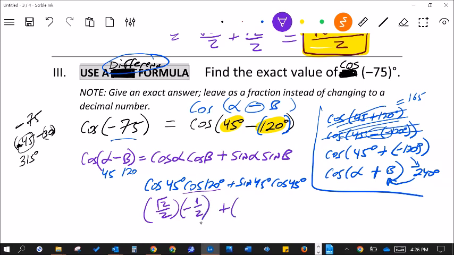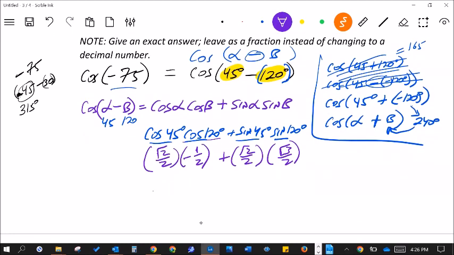Plus the sine of 45 is square root of 2 over 2, and I just realized I wrote this wrong here. So let's fix that. That would be sine of beta, because I have cosine, cosine, and sine, sine, and I have to use each one with each thing. So that would be 120 degrees. Sine at 120 is square root of 3 over 2.